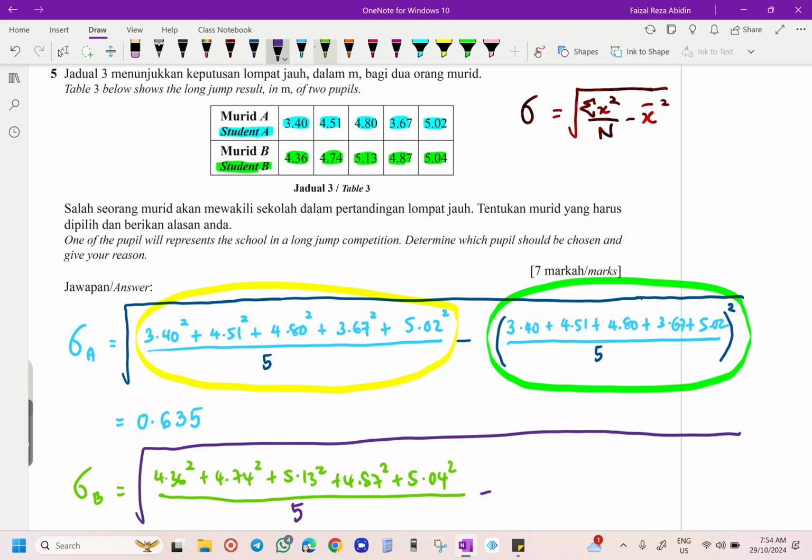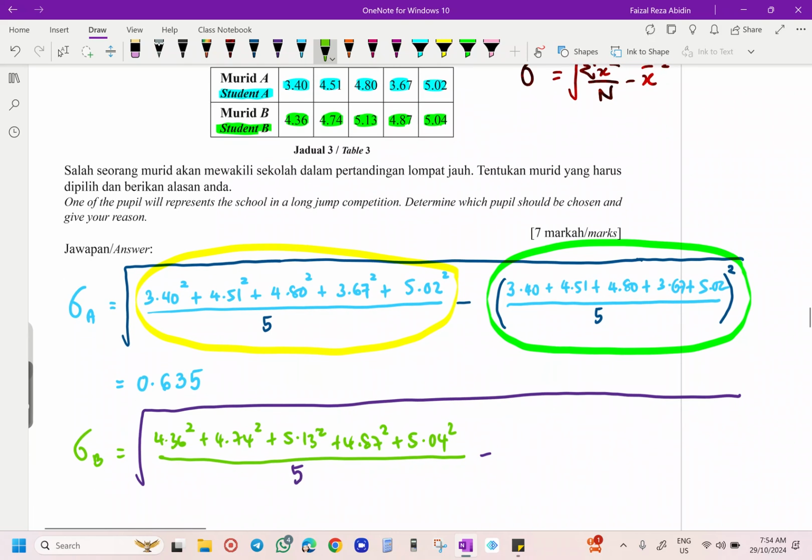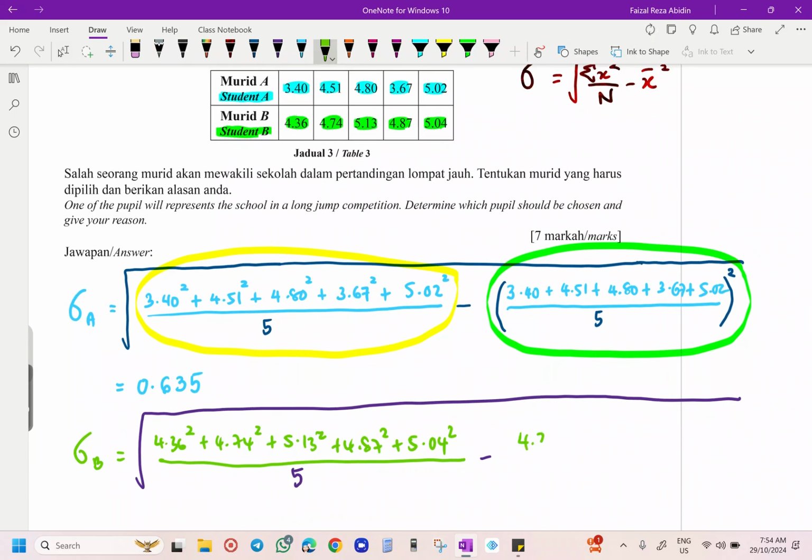Next we have our mean: 4.36 plus 4.74 plus 5.13 plus 4.87 plus 5.04, also divided by 5. Remember you are going to square the mean. What do you get?